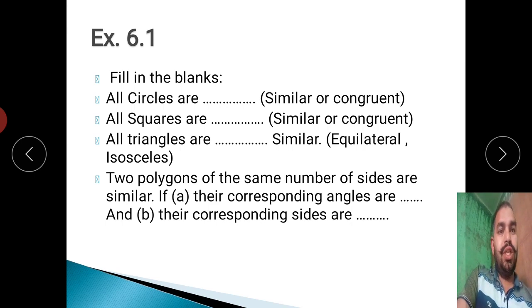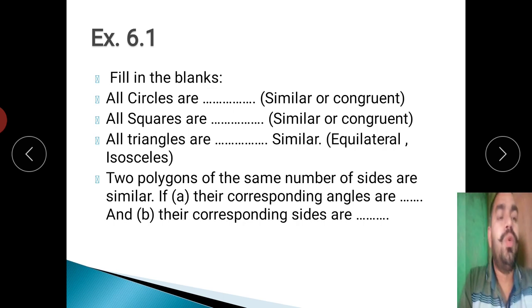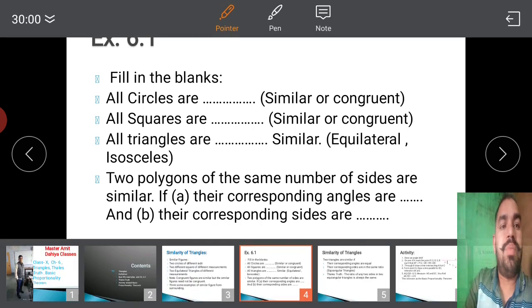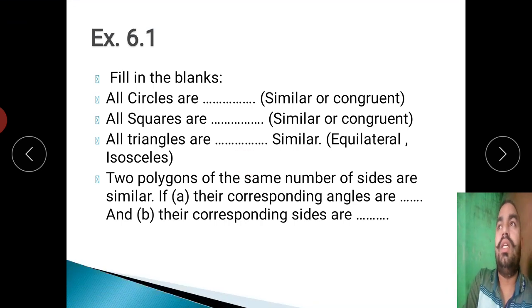Two polygons of the same number of sides are similar if their corresponding angles are equal and their corresponding sides are in the same ratio. That depends on yesterday's activity that we did in our class.